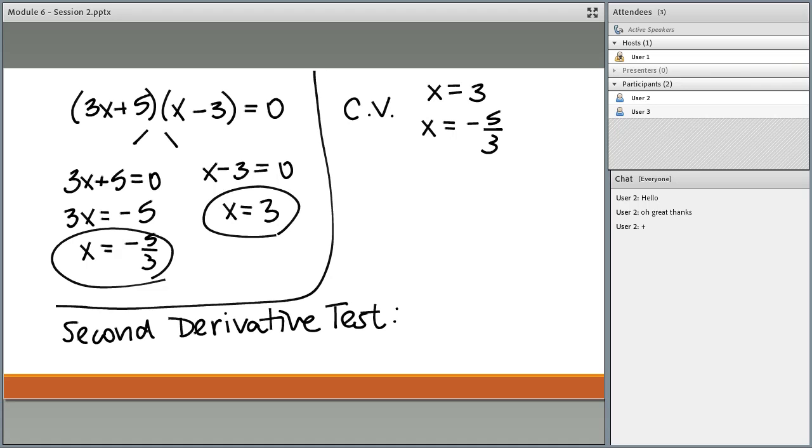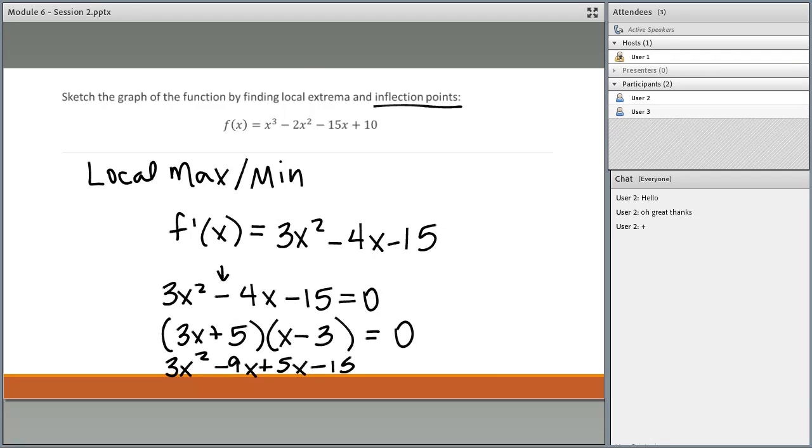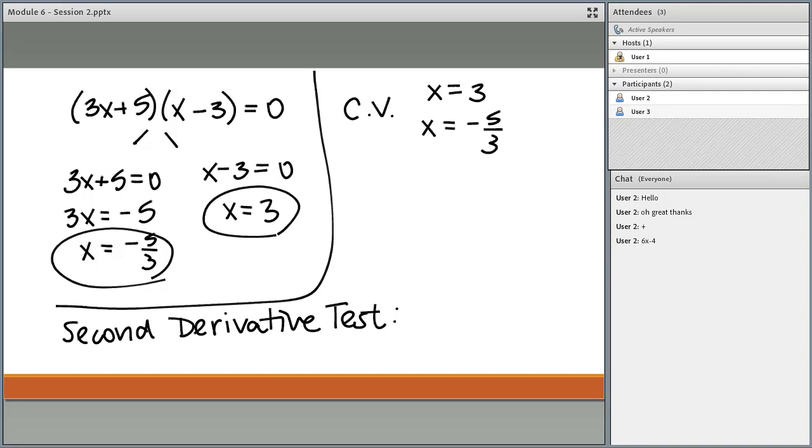And what is the second derivative? Well, the unfactored, good, 6x minus 4. So the second derivative is 6x minus 4. So I'm going to plug in both the critical points to the second derivative.